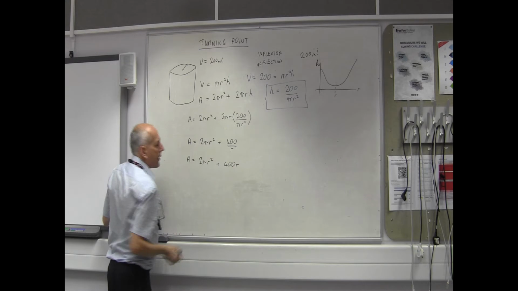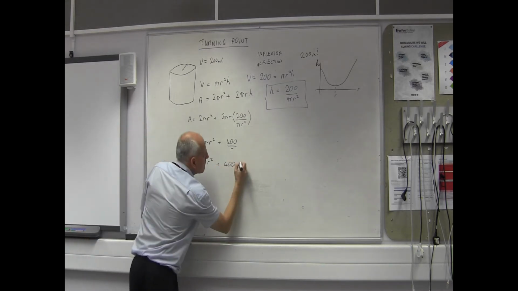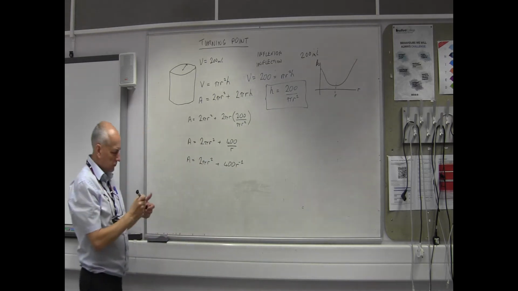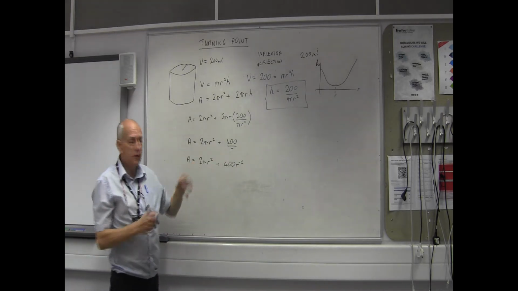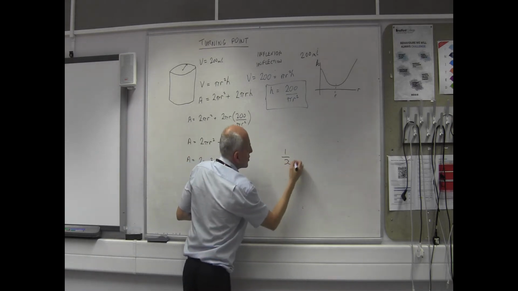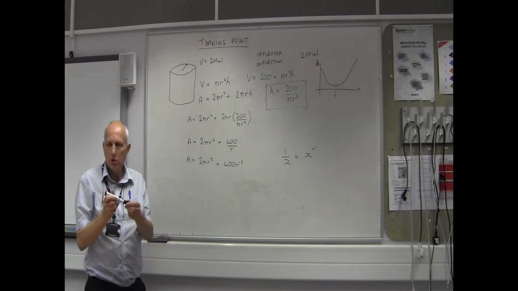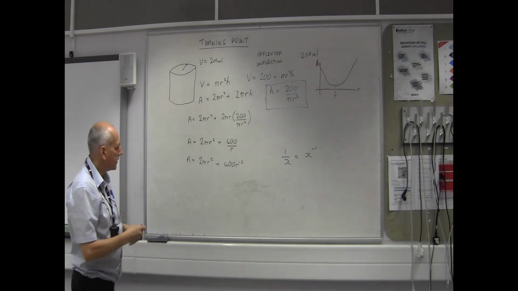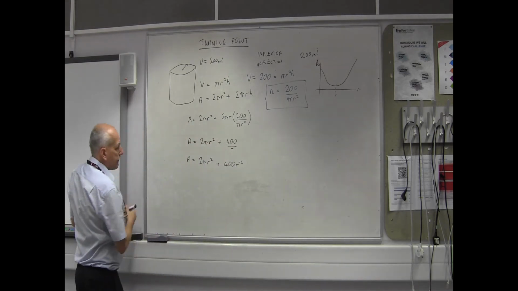Bring the r to the top, but I have to do something to it. Yeah, minus 1. Because that's your laws of indices, 1 over x is the same as x to the minus 1. Remember that? So I can now differentiate that.